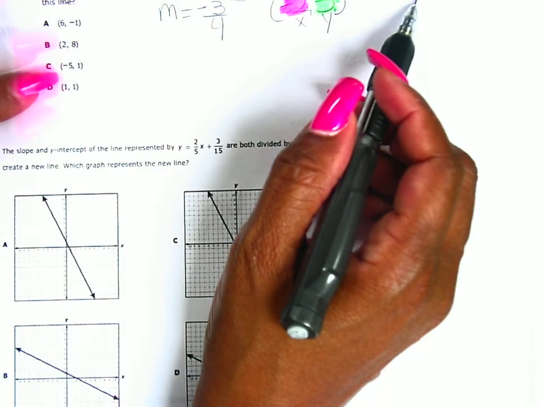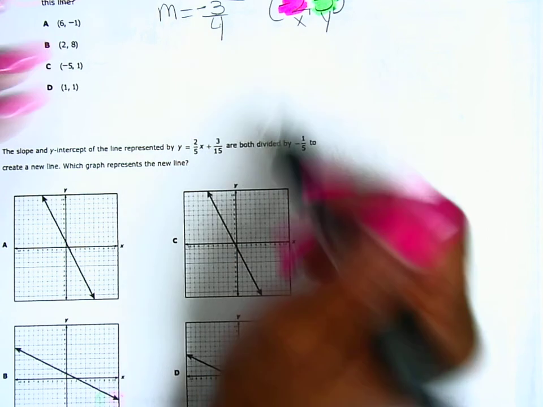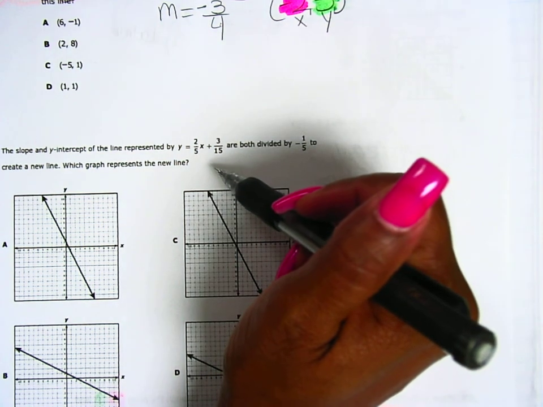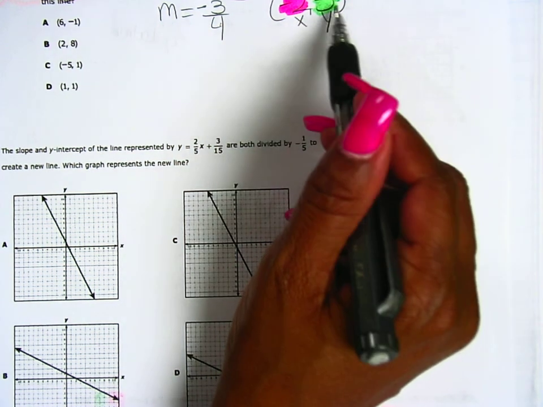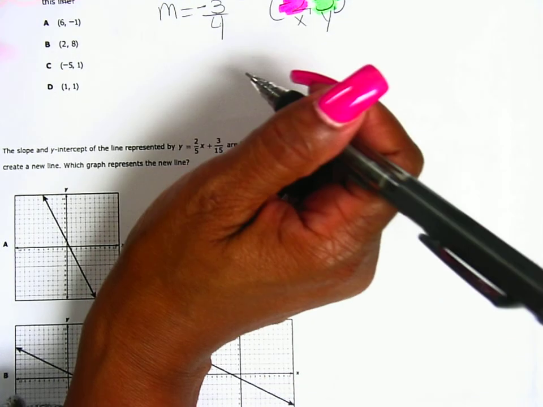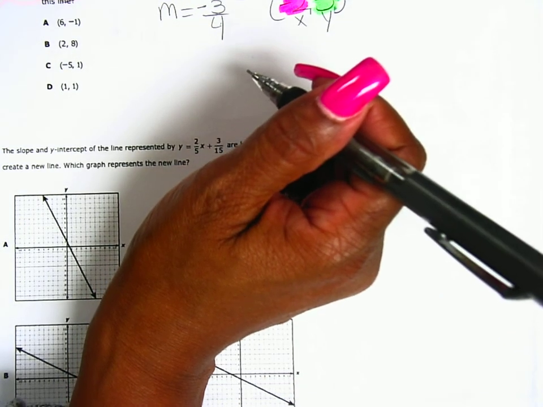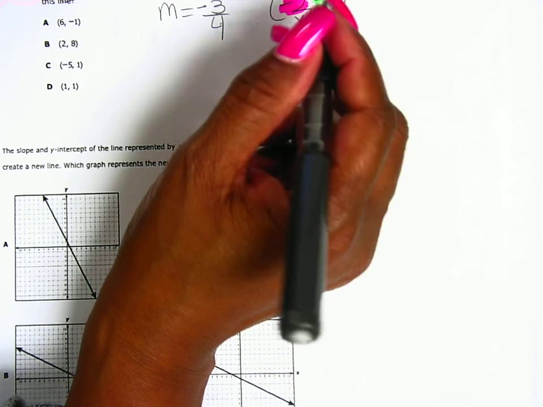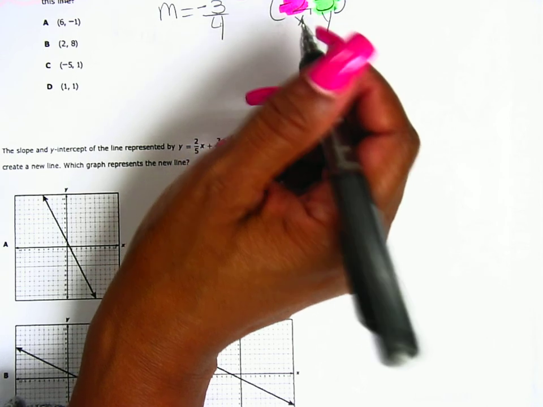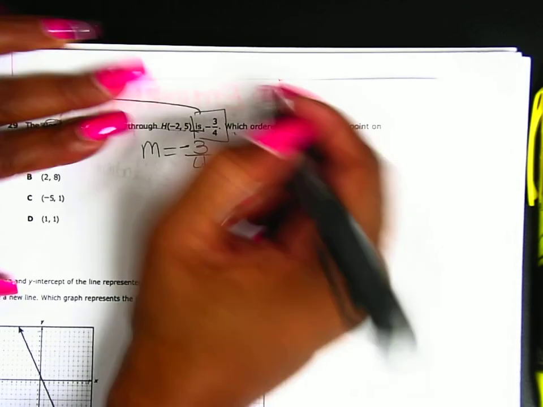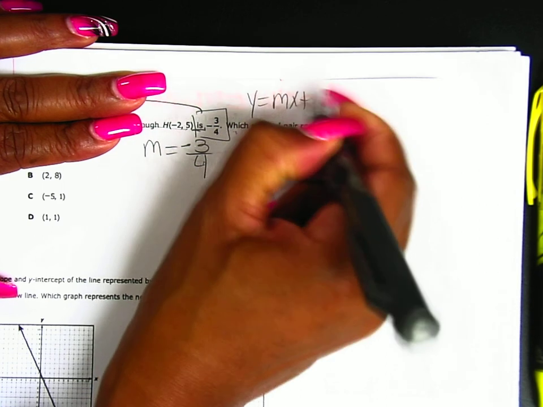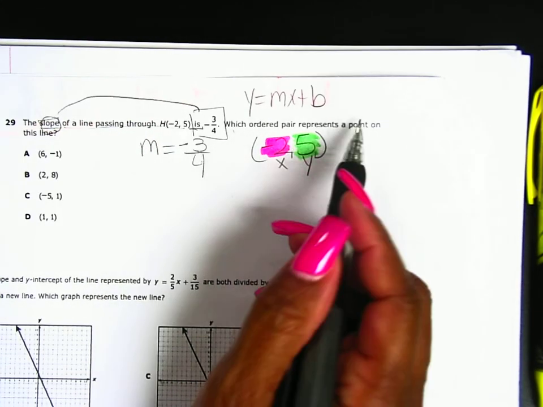It wants to know which one of these ordered pairs matches up with it. How would you do it? Guys, I actually would go ahead and write a slope-intercept form equation. So I would write y equals mx plus b. You probably say, well, you know the slope.